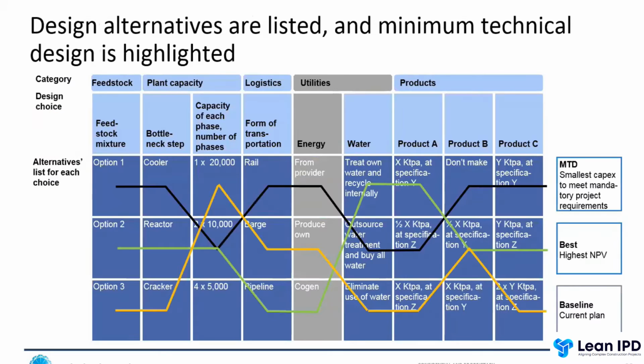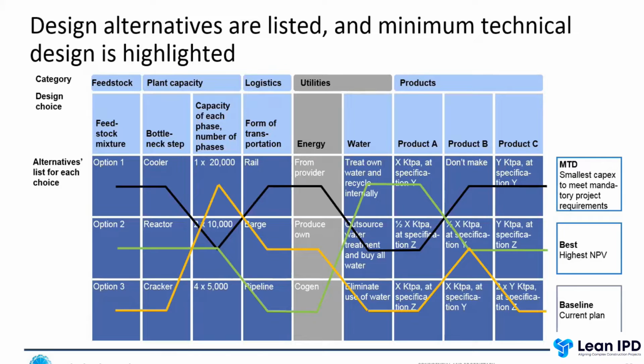If we go to the next page, forgive me for the bit of complexity of this. This one is maybe the most important tool in the minimum technical design approach. We call it the design alternative matrix.